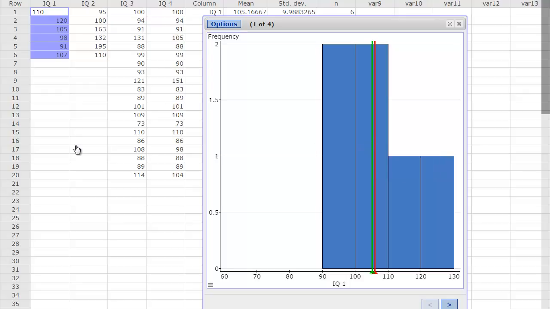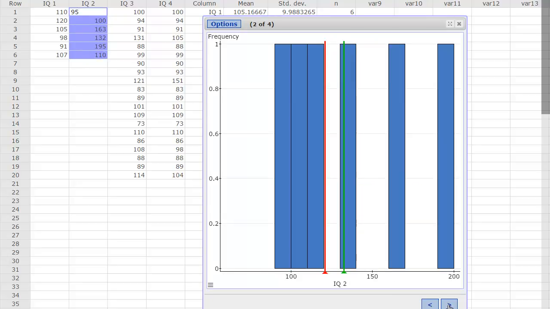All right. Now I'd like to compare that to the IQ2 sample, which is also of size 6. But when I draw its histogram, now you can see I'm starting to get more skewed to the right. The mean is 132, and the median is 121.